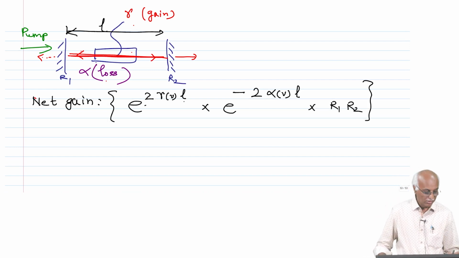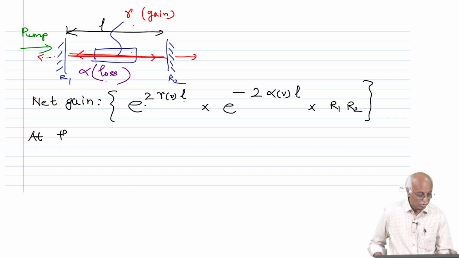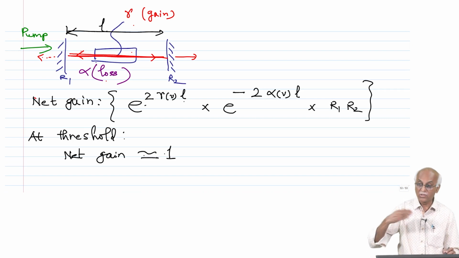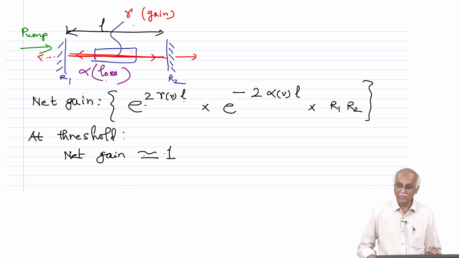This determines the total gain, and at threshold, at a particular value where net gain is 1, beyond which the laser output starts. At threshold net gain is 1, beyond which the laser output starts.